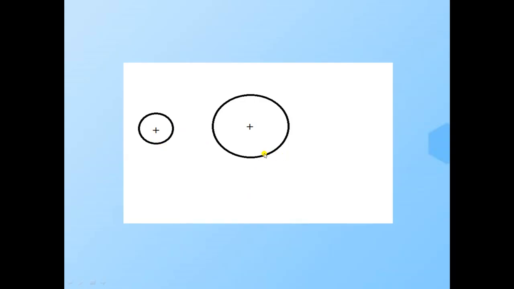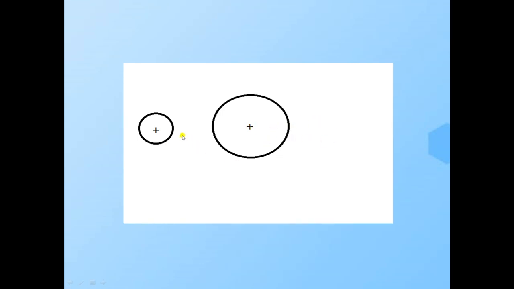Here you will observe that if we add an electron to this atom, the force of attraction between the nucleus and the electron is strong, so it will easily add one electron. But as the distance between the nucleus and the outermost electron is more here, the force of attraction is weak, so it is difficult to add this electron.